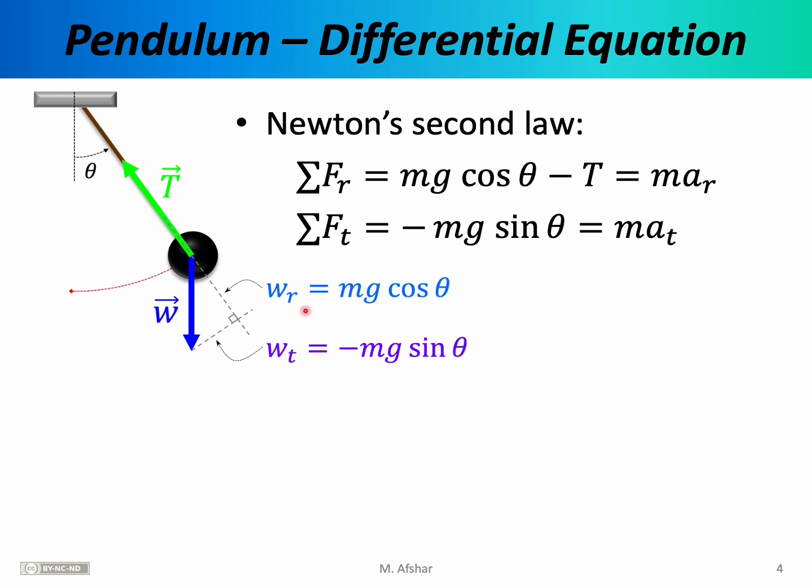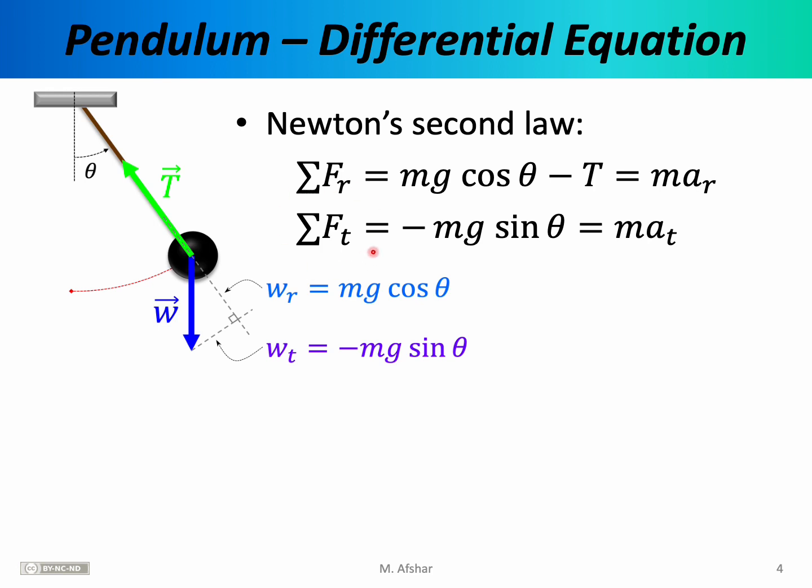Here, we're using a radial tangential coordinate system, so we'll talk about the net force in the radial direction and the net force in the tangential direction. In the radial direction, we have mg cosine theta plus the radial component of tension, which is minus T, and that force must equal mass times acceleration in the radial direction.